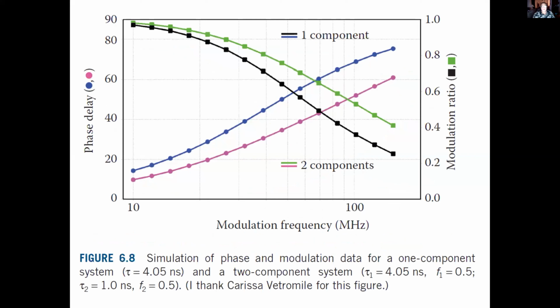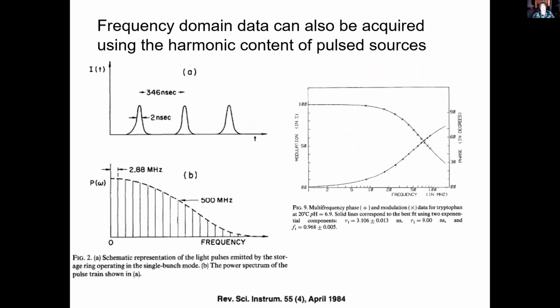Well, here we see the blue and the black curves are due to one component, 4.05 nanoseconds, and the red and the green are phase and modulation for a two-component system, where we have 50% 4.05 and 50% 1 nanosecond. And with your eye, you can probably already tell that those curves are not superimposable. There is a difference in the shape. But again, you would fit the data to the multiple components and extract what you want.